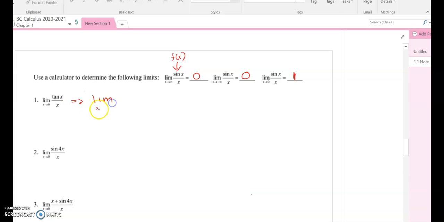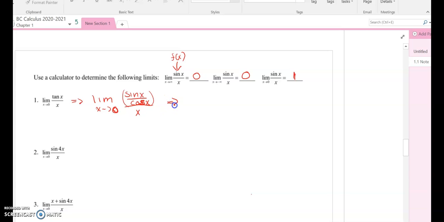And I know that tangent, excuse my horrible handwriting, can be written as sine of x over cosine of x, over x. I also know that you are in calculus because you are mad algebraic awesome students.